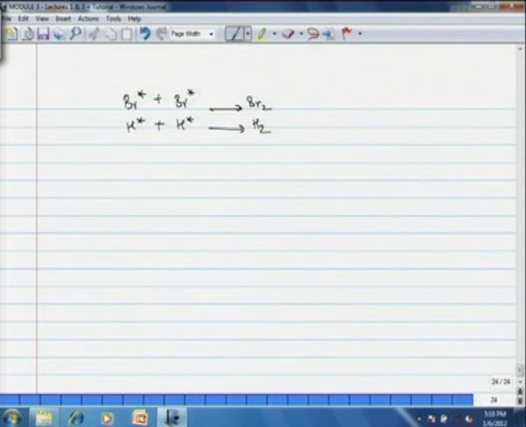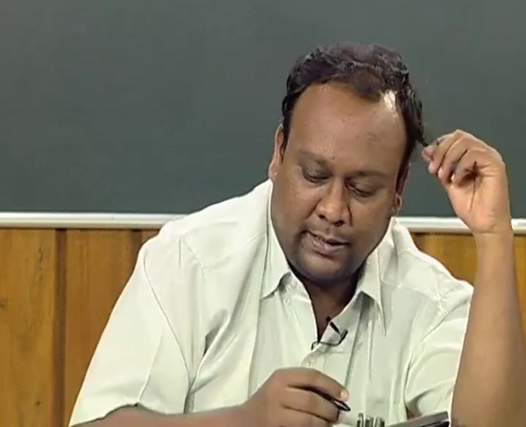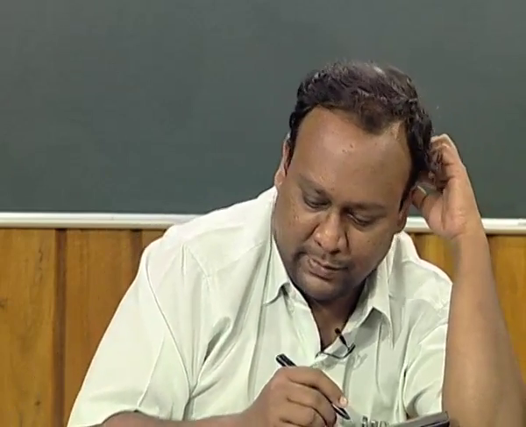Now, if we assume that concentrations of the atomic forms of bromine and hydrogen remain constant throughout this process, then these reactions result in the following non-elementary reaction rate expression.